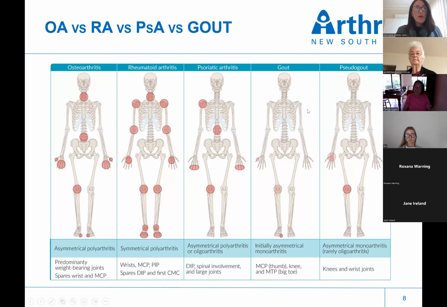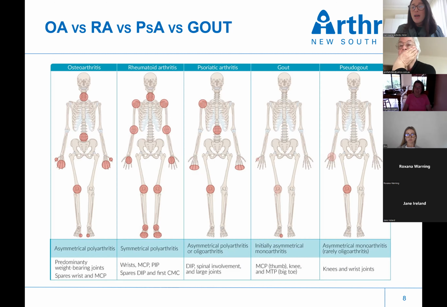Okay, I thought this was very interesting as well. So sort of comparing the different types of arthritis and the joints that they attack. Now, remember, this isn't the rule to these particular conditions. There's certainly exceptions here, that's for sure. And obviously, this picture doesn't include all different types of arthritis.